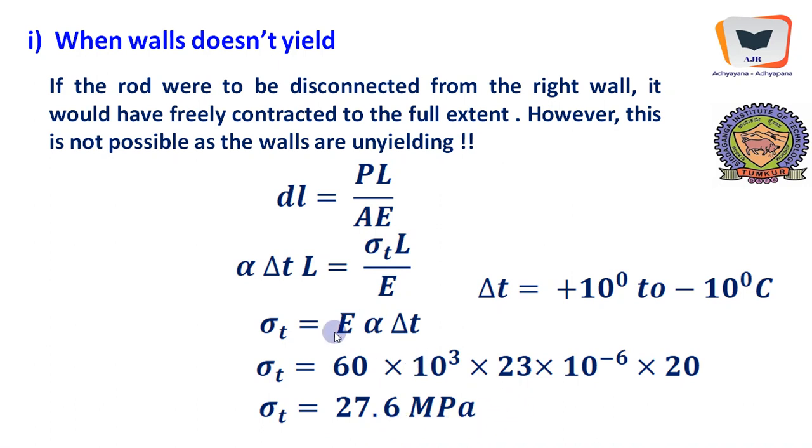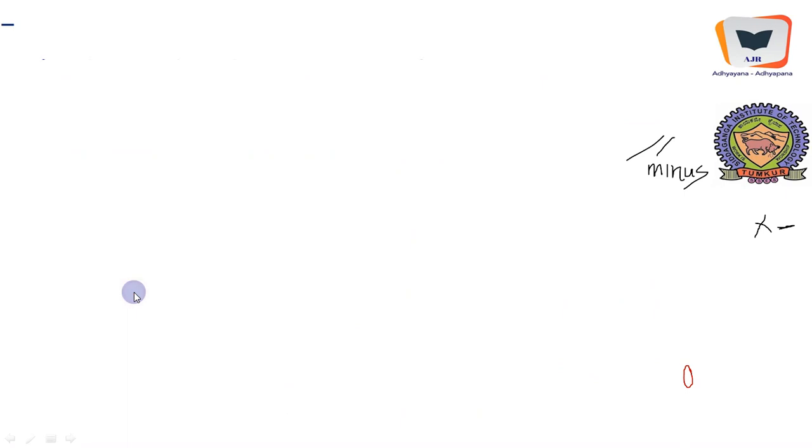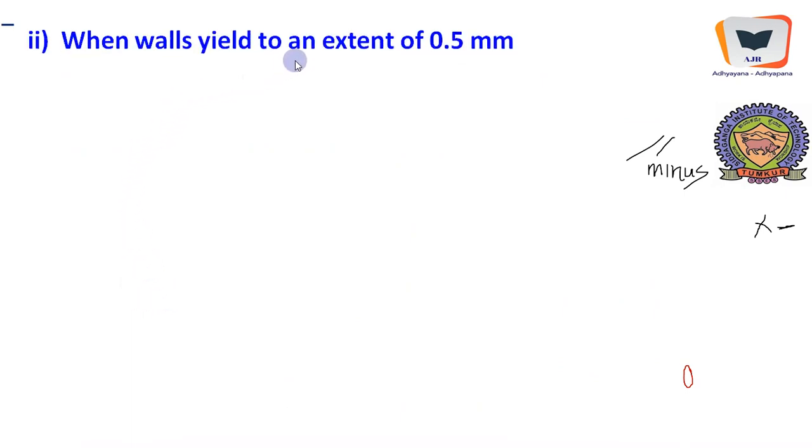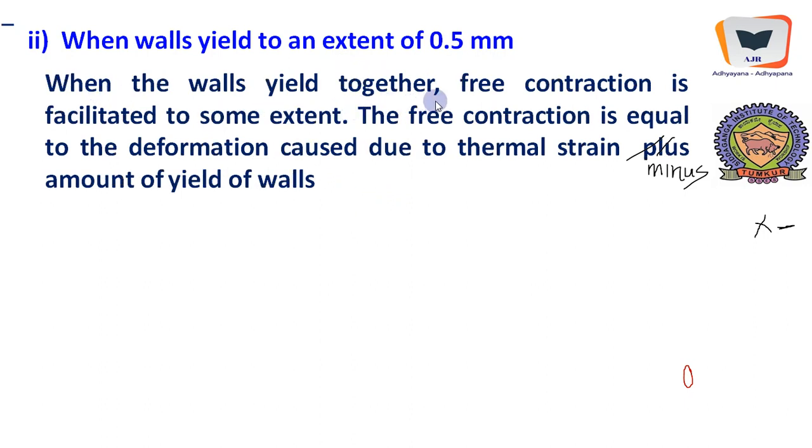And in the second case, naturally you must have guessed, the stress value must reduce because some kind of allowance is given for the free contraction to the tune of 0.5 millimeter. When the walls yield to an extent of 0.5 millimeter, free contraction is facilitated to some extent by the yielding walls.